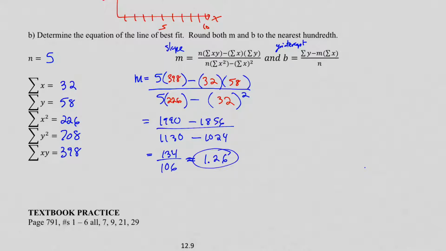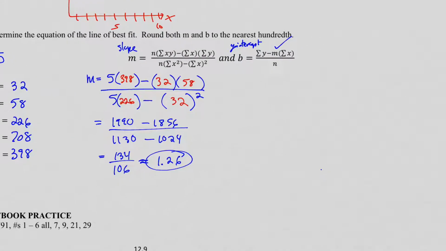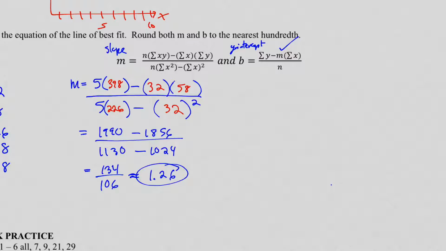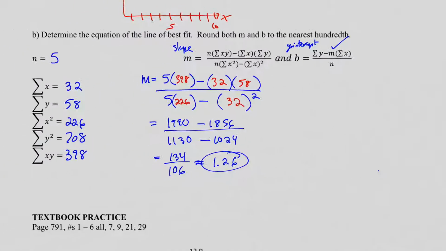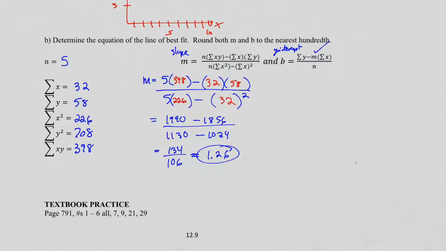Alright, so that m, or that slope that we just calculated for the line of best fit, we need that right there for the y-intercept. So the b part, we're going to do the sum of the y's minus m, which is 1.26, times the sum of the x's, over n.